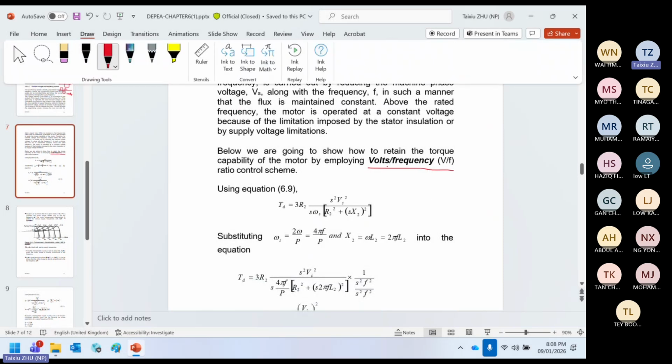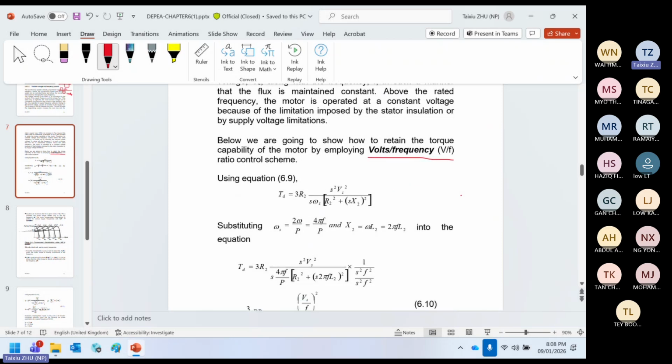Okay, so we know this. Now when I control the motor speed, for example I increase the motor speed, then you have to increase the voltage correspondingly. That means don't keep the voltage constant, because that will cause saturation and the motor loss can become very significant.